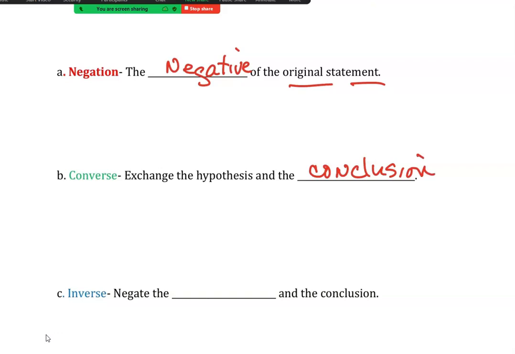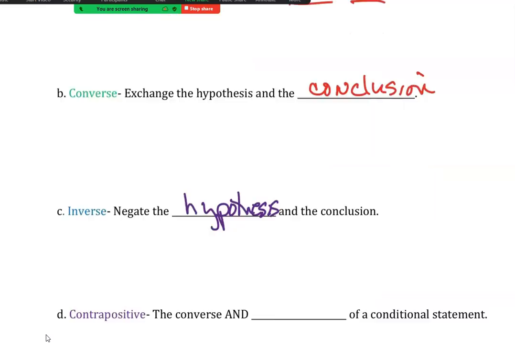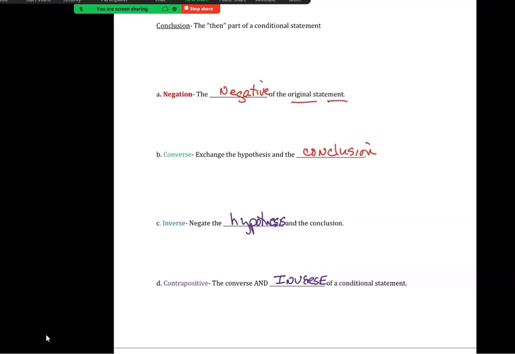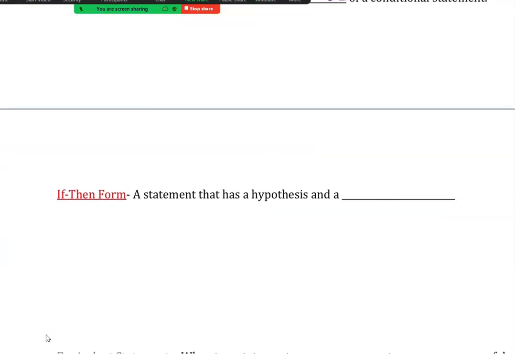And the inverse negates the hypothesis and the conclusion. The contrapositive, it's the converse and the inverse of a conditional statement. Okay, this was a lot. Let's apply this and it'll make more sense.